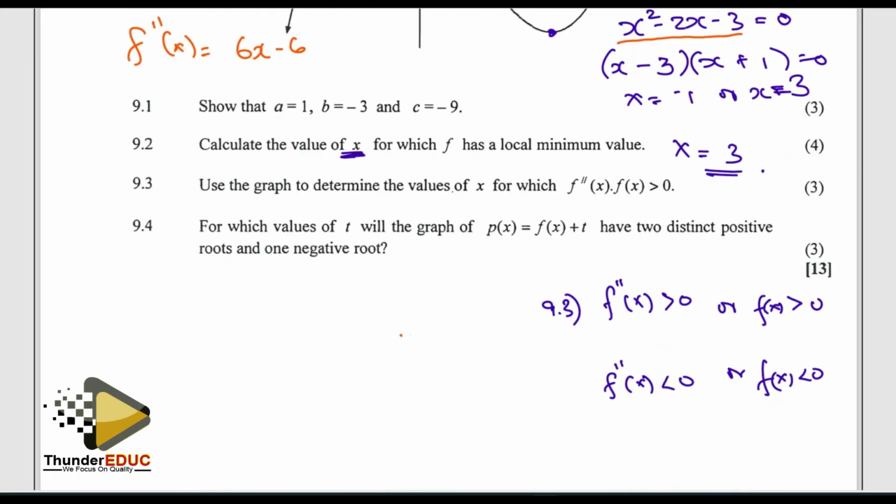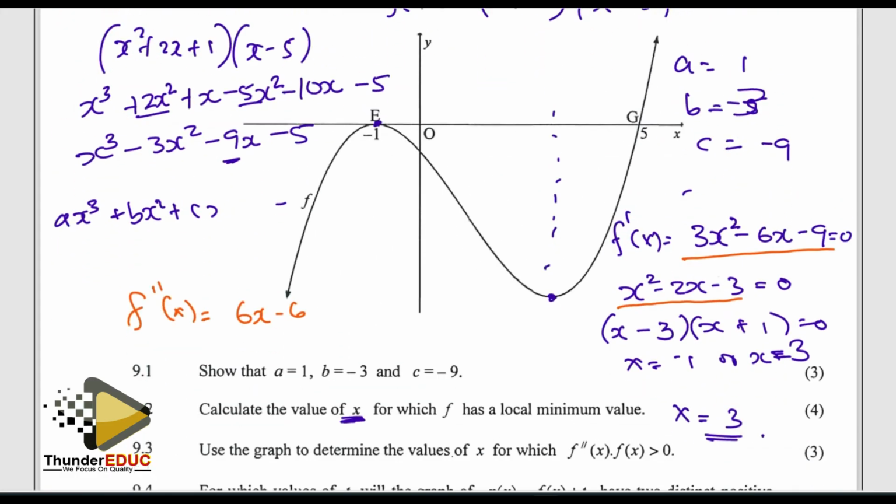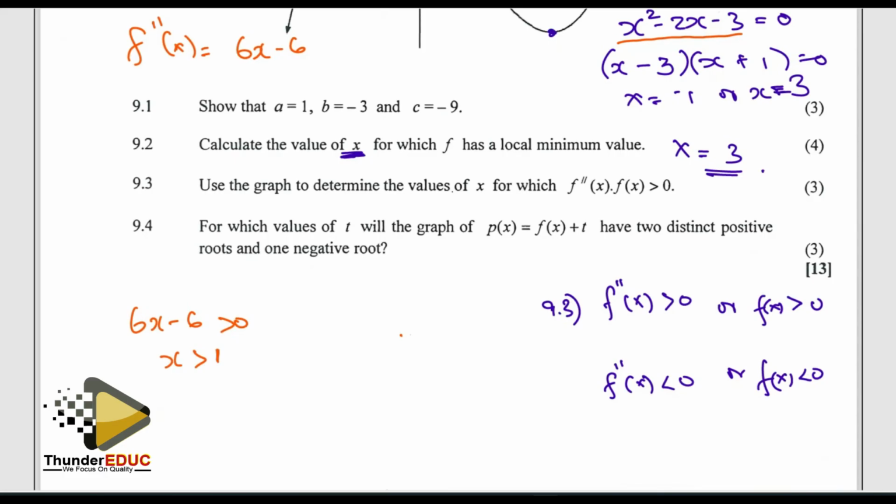If I have 6x minus 6 greater than 0, which means x has to be greater than 1. Then where do I find the graph of f to be above 0? It's where the graph is beyond 5, for x above 5. So x must be greater than 5. And if it's concave down, it's going to be x less than 1.